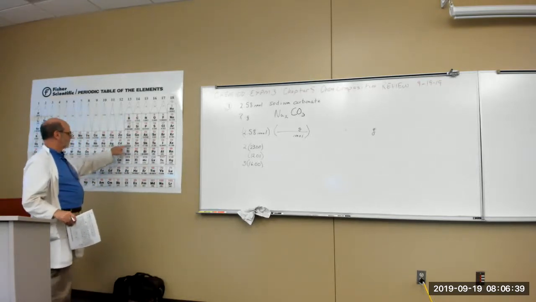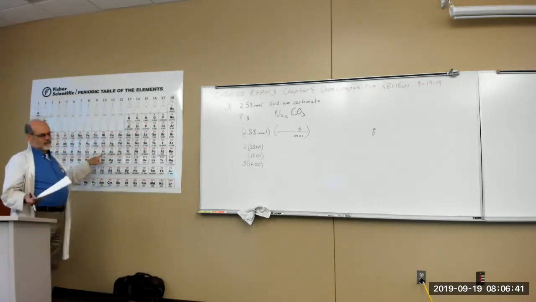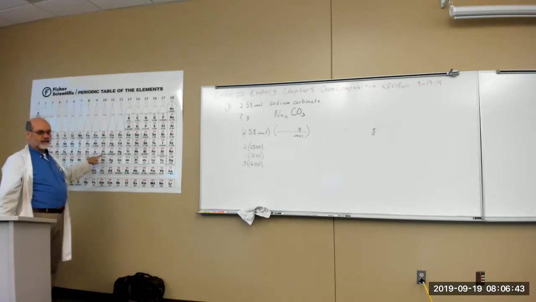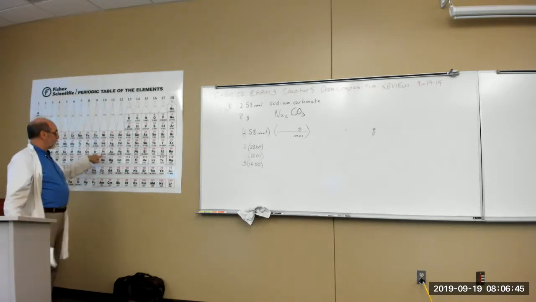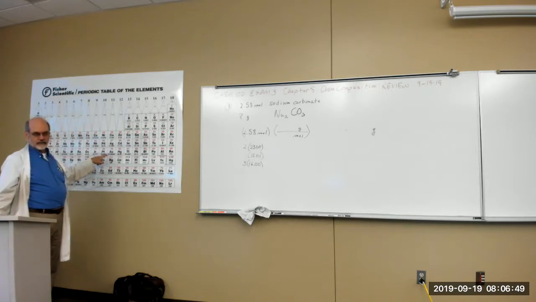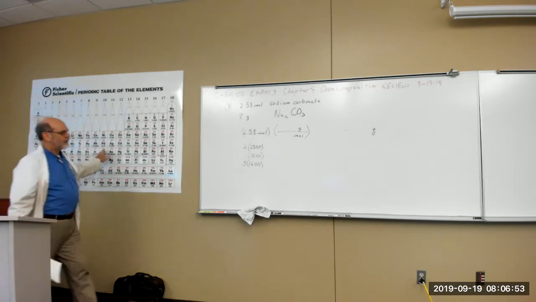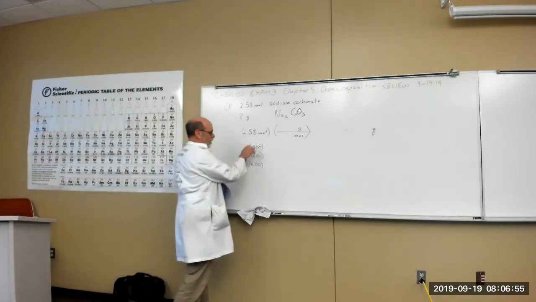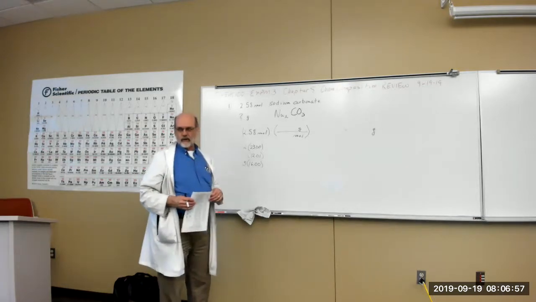Well, I used to call them atomic weight. But these are average molar masses, or atomic masses. And I always round them off to 2 decimal places. That's good enough for our work.